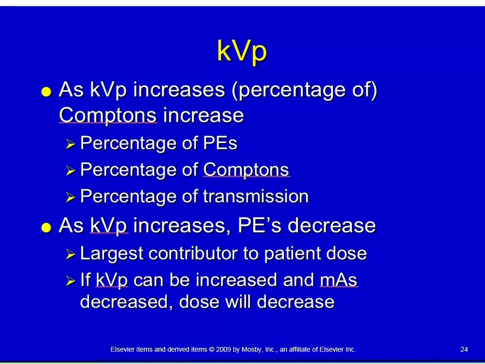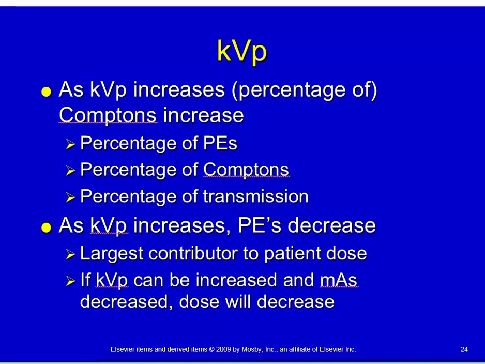As kVp increases, we say that PEs decrease. What we're talking about there is really the percentage. So as kVp increases, the percentage of PEs decrease. PEs are the largest contributor to patient dose. So if we increase our kVp and we reduce our mass, then we reduce the PEs that are going to take place in the patient's body, and the patient dose will decrease.